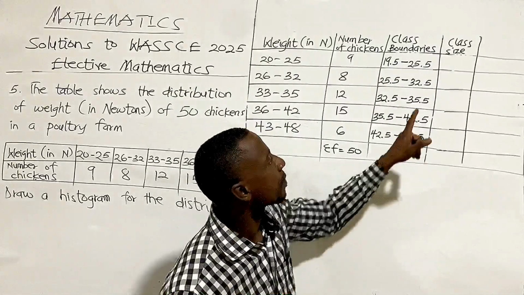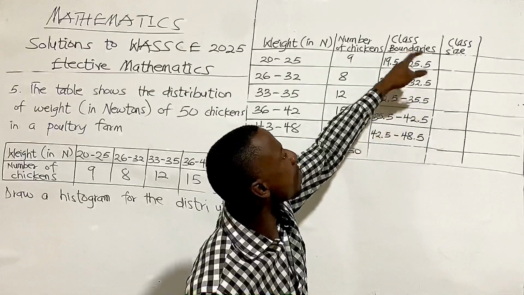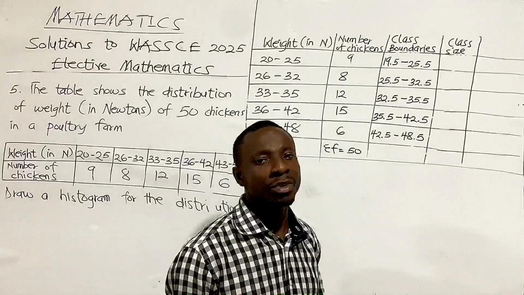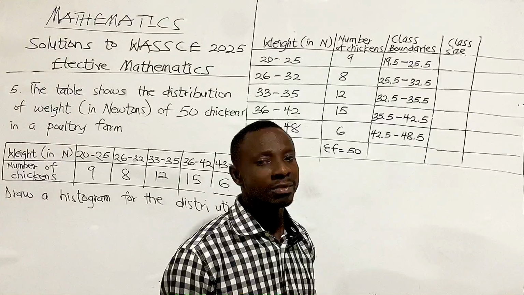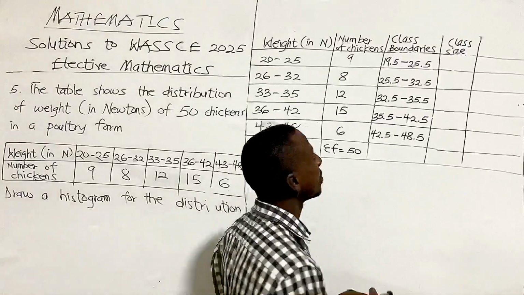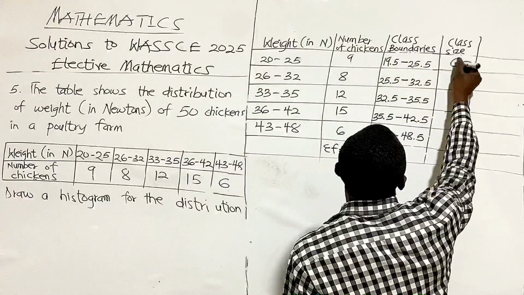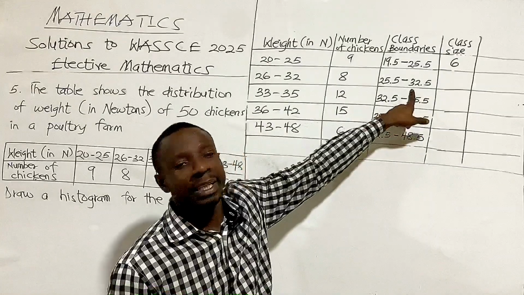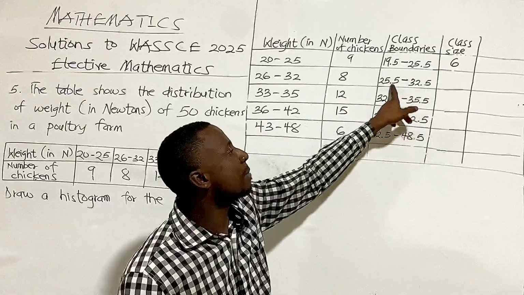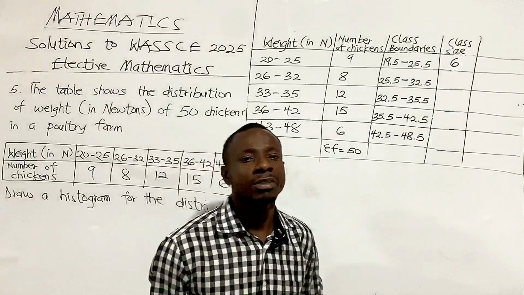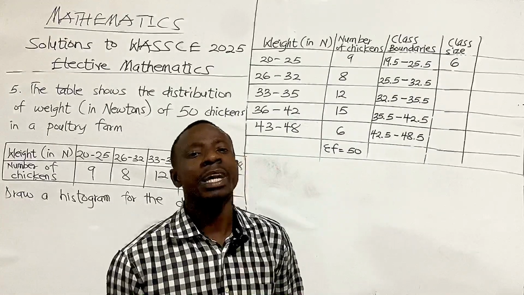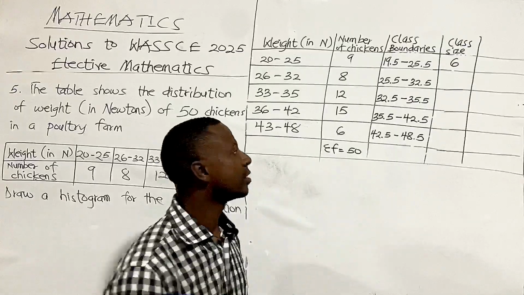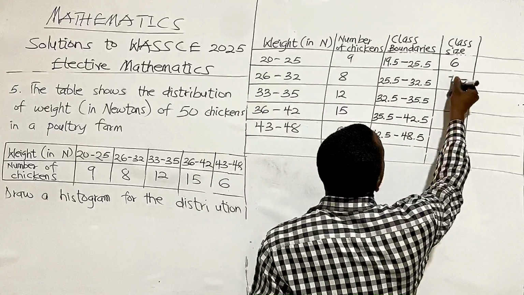So from here, 25.5 minus 19.5, what will we get? All right, so we had 6. When you get here, 32.5 minus 25.5, using the calculators, what did you get again? So here we had 7.